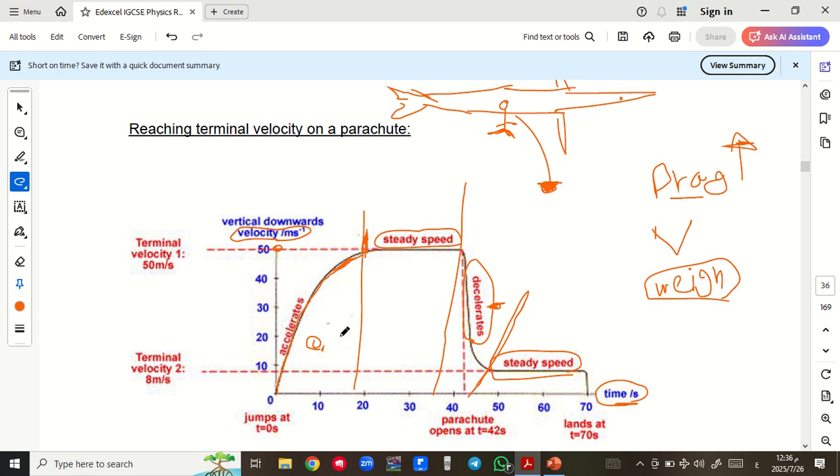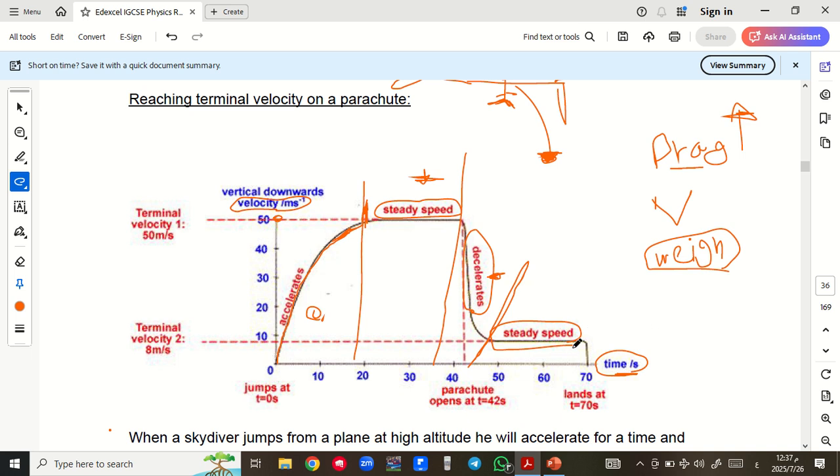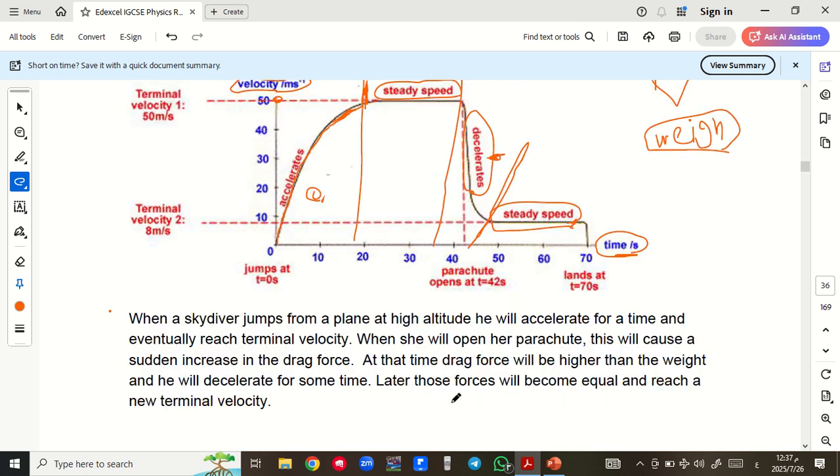His speed will accelerate until he reaches a terminal velocity at a steady speed. When he opens his parachute, the drag force will be higher than the weight force. That causes his speed to decelerate until he reaches a steady speed and reaches the Earth's surface.